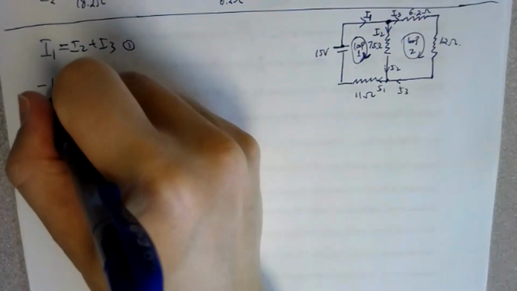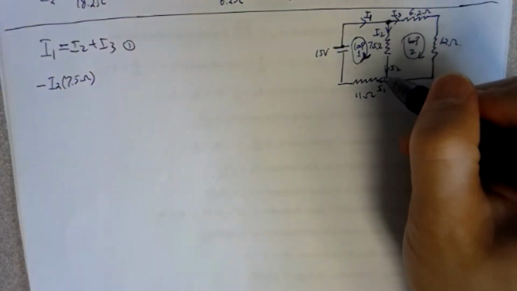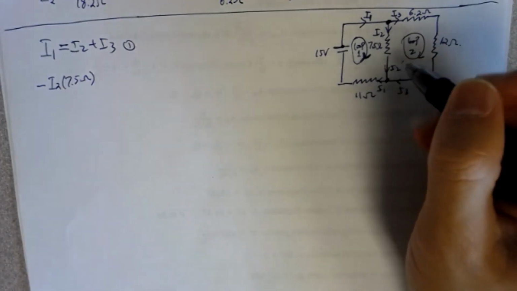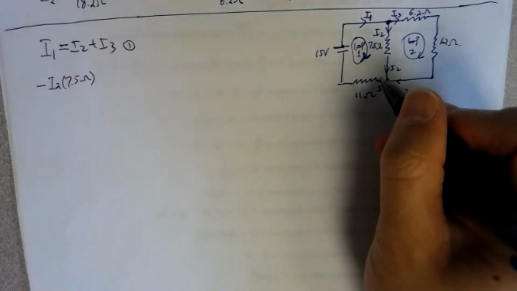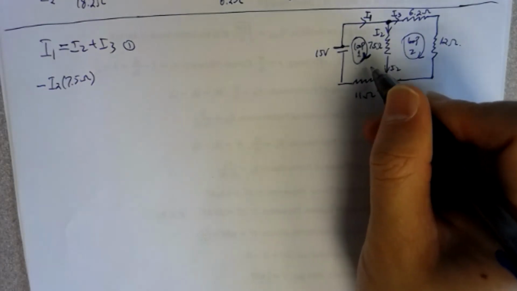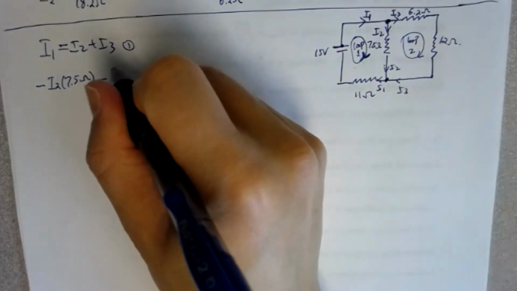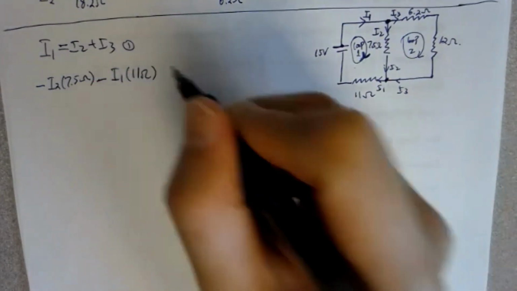So minus I2 times 7.5 ohms. And then the second one here: I2 comes in here, but it comes as I1 in this loop. So I1 goes in the same direction as the loop through the 11 ohms, so that's again minus. Minus I1 times 11 ohms.